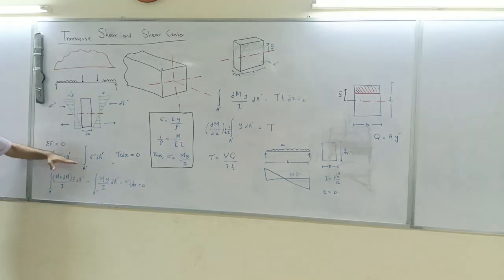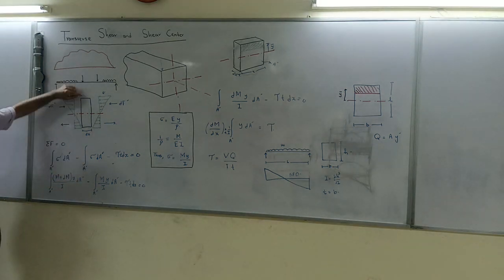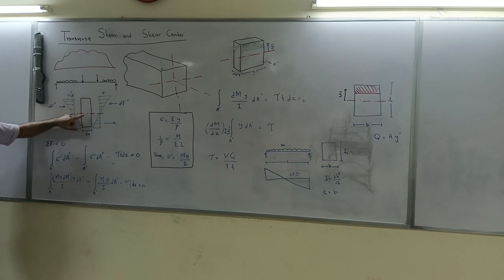But this equation is telling us that as we make our way downwards, starting from the top fiber of the beam cross section and moving towards the neutral axis, our shear is changing, until we reach the neutral axis, where our shear is 0.